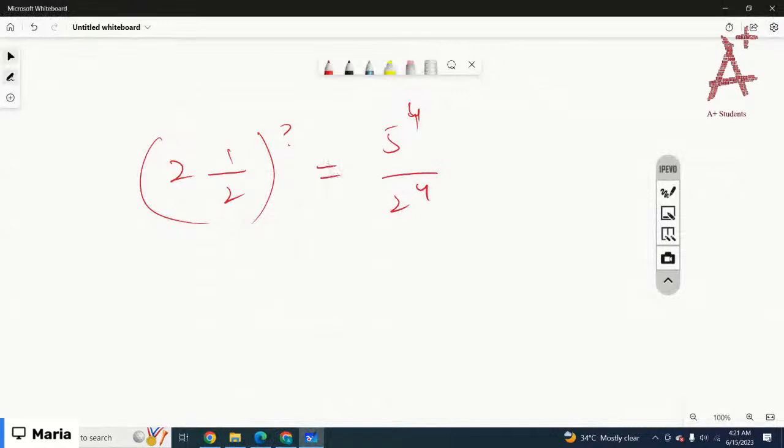You can just look here: 2 times 2 is 4, and 5 over 2 means the fraction is exactly the same, so the exponent would be 4 because they are equal. Here the exponent for both numerator and denominator is the same, but this one is written in the bracket. That means the exponent here is also 4.